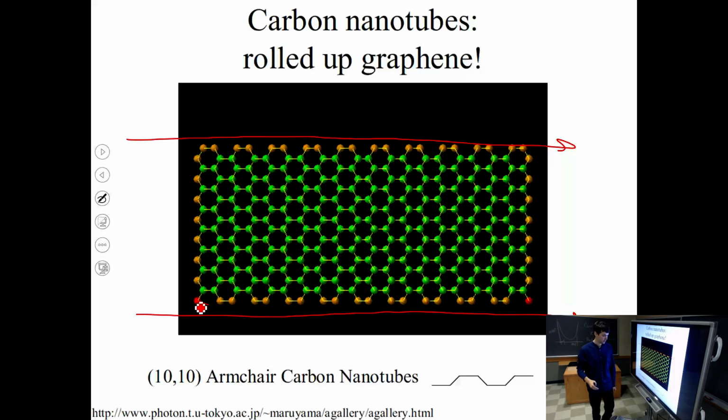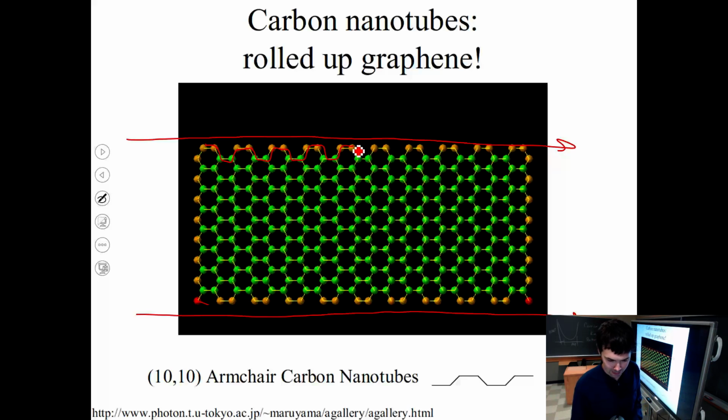And you make this object with all the chemical bonds satisfied and the p orbitals available for traveling around. So this particular nanotube you make this way is called an armchair nanotube. The reason why it's called armchair is because the edge looks like this, and it reminded somebody of an armchair. Okay. Not my choice.